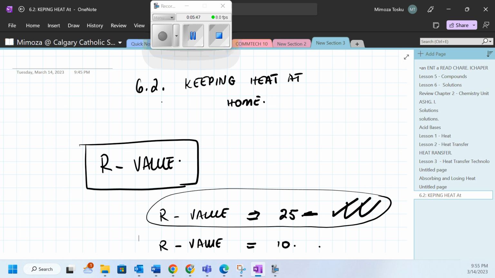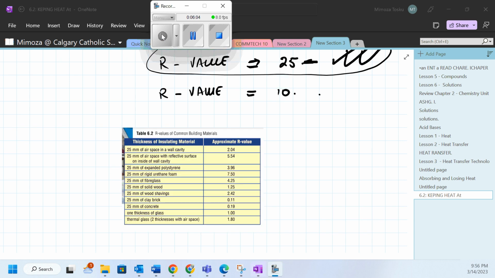So when R values are high, it means they are preventing a lot of heat from going from your home into the environment.